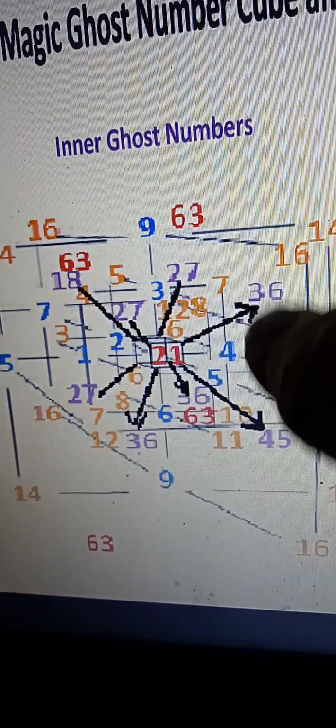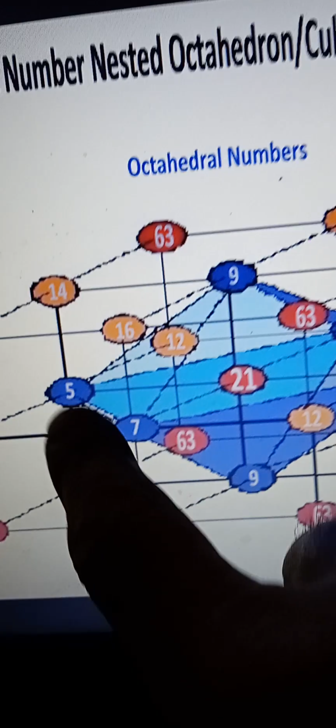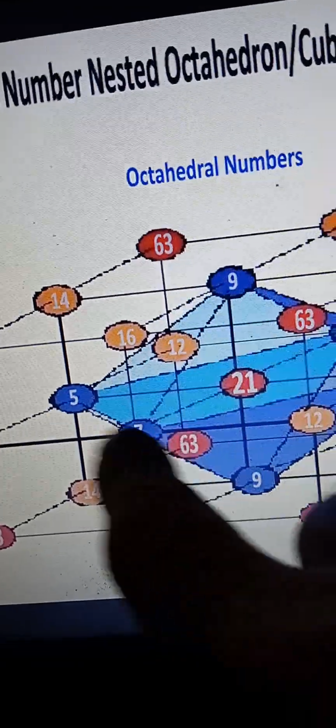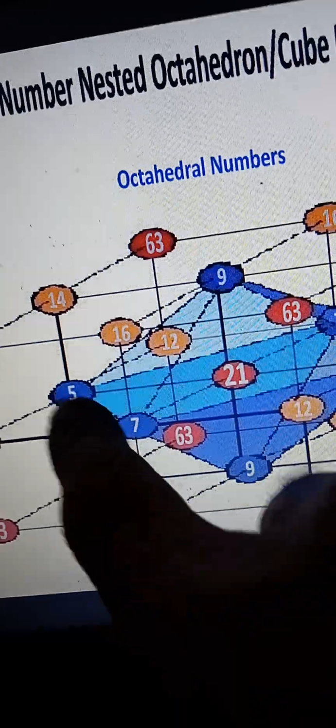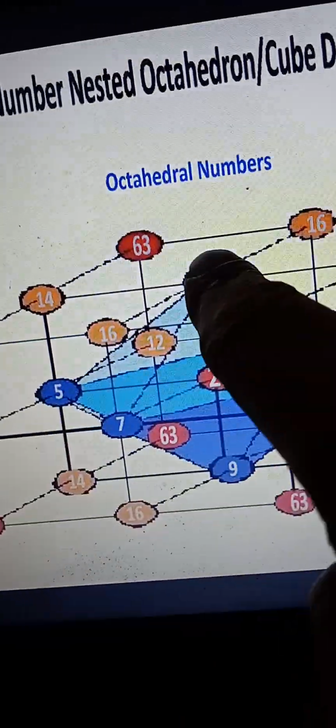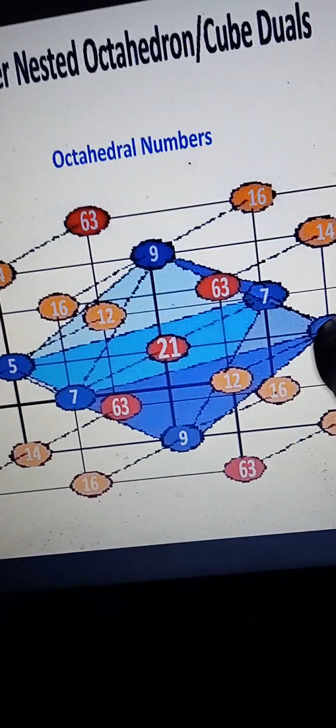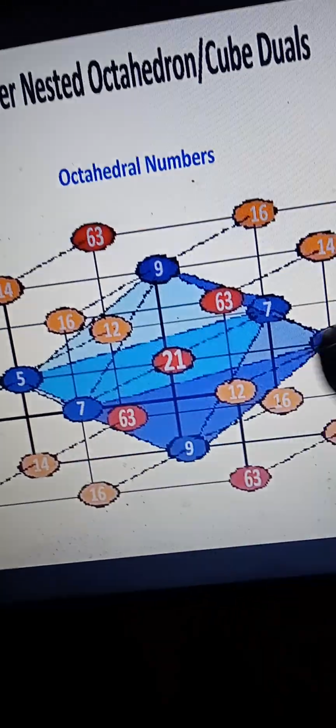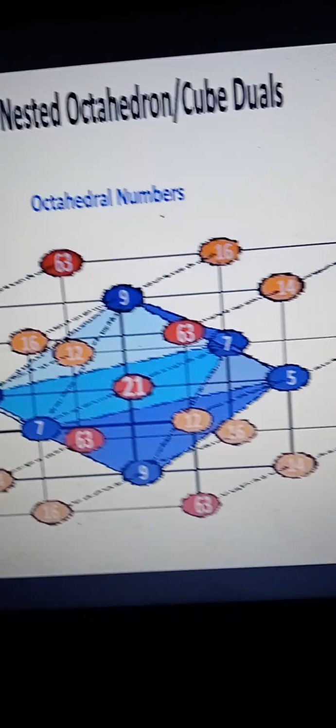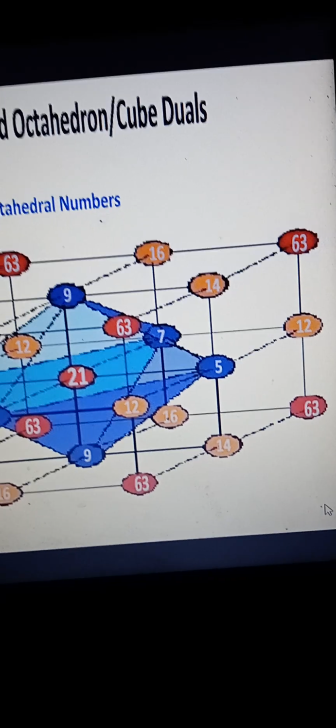It stays put. You can rotate it around, but it's still 21 in any direction, and all these other numbers change, and this is fixed. Well, I imagine you could rotate it around, but these are the outer numbers, the outer cube, which also creates the inner octahedral dual. And well, I guess I've said enough about that.